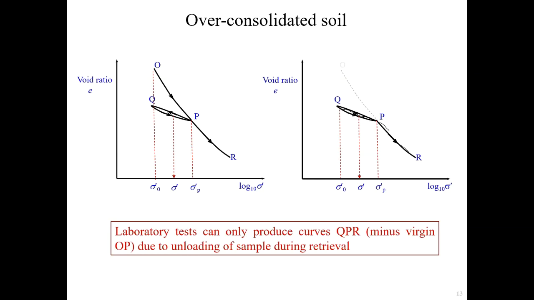Why don't we have OP? Because during the retrieval of the samples from the field, there's already an unloading process. So normally we just consider the QP and PR curves. PR is for the normally consolidated stage, and PQ is the over-consolidated stage.